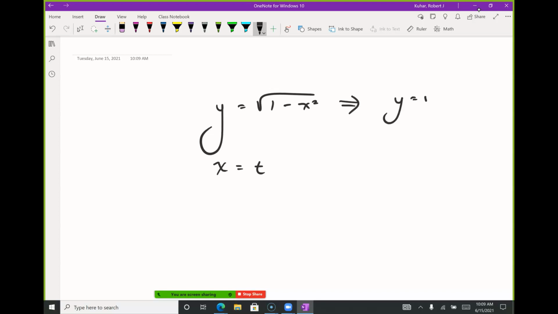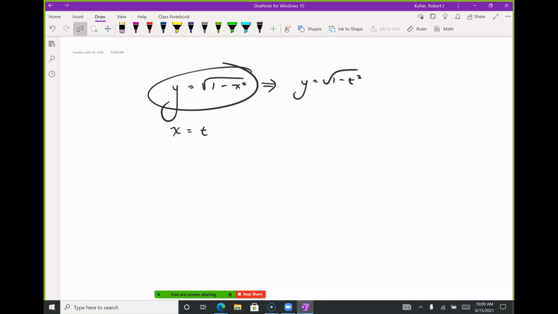I get y equals square root of 1 minus t squared. So even though I started with a function that's perfectly normal, I can turn it into parametrics by doing this little cheap switch, okay? But sometimes I cannot eliminate the variable.